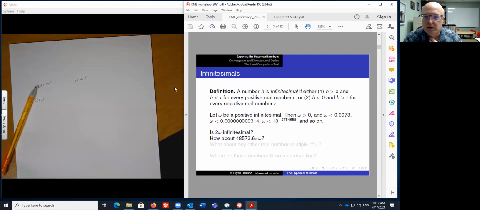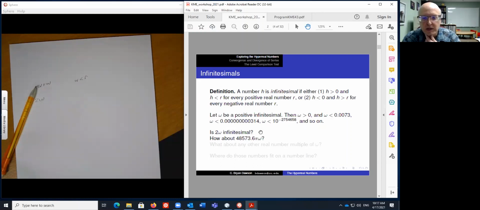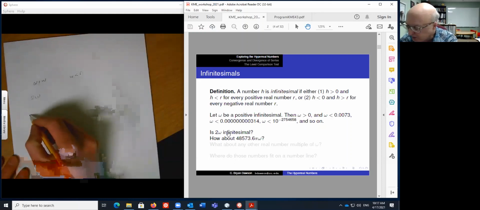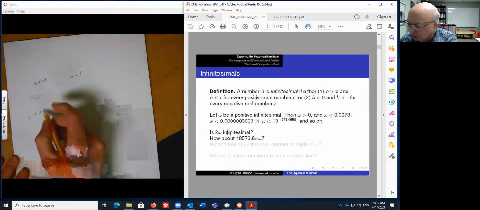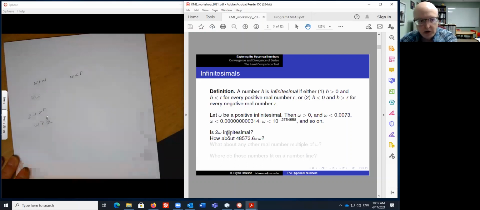So anyone want to answer that one? I think it's still infinitesimal. Right. It would still be infinitesimal, because if it wasn't, then 2 omega would be bigger than some real number r. So omega would be bigger than half of r, and that would be a contradiction.